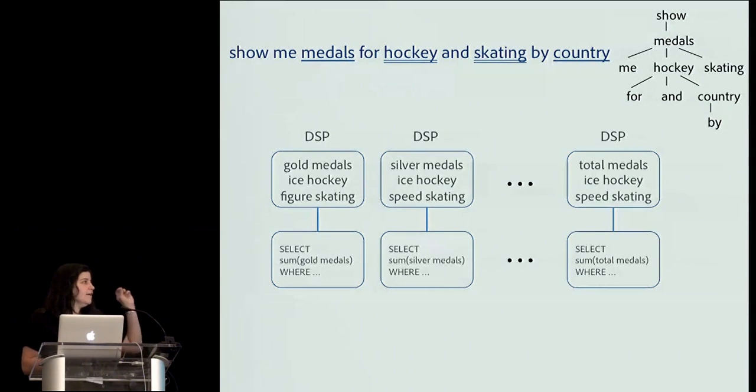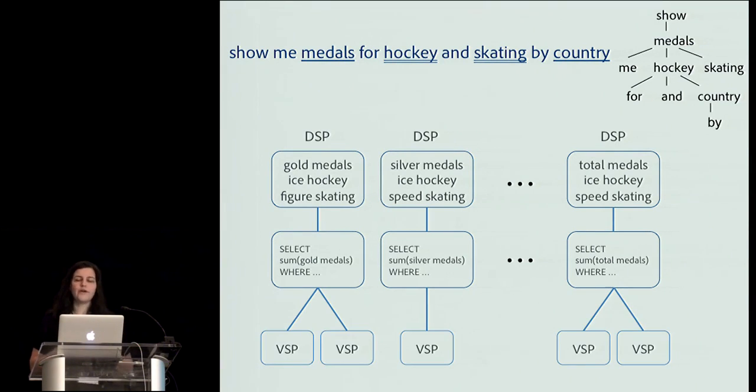To give you an example, one data specification might say gold medals for ice hockey and figure skating. Another one might say silver medals for ice hockey and speed skating, and yet another might be about total medals. And for each of these data specifications, we then generate one or more visual specifications.